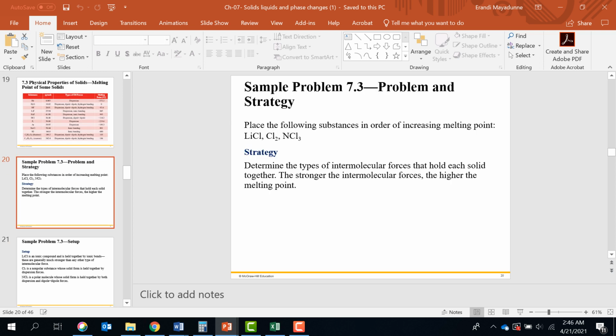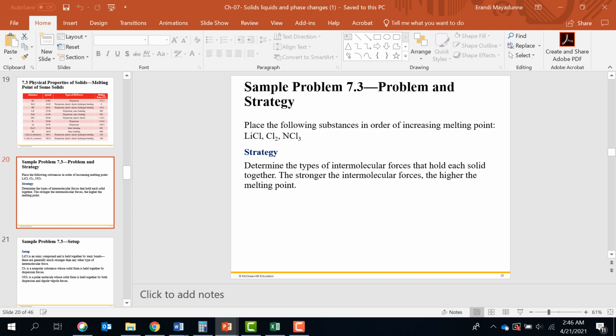So I have this question: place the following substances in order of increasing melting point. I have lithium chloride. By looking at lithium chloride, you know it's an ionic solid. This one is a molecular solid, and NCl3 is again a molecular solid. Also, chlorine is a non-polar molecule, and this is a polar molecule.